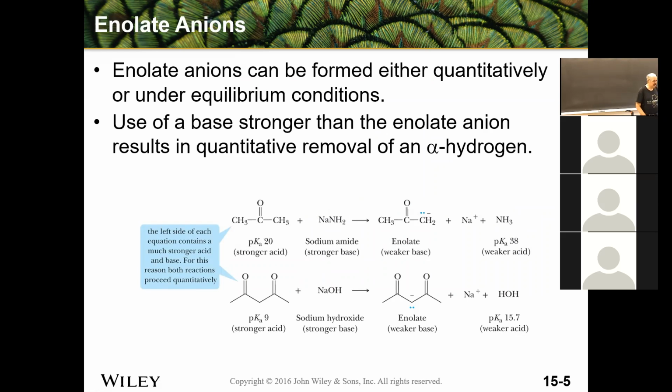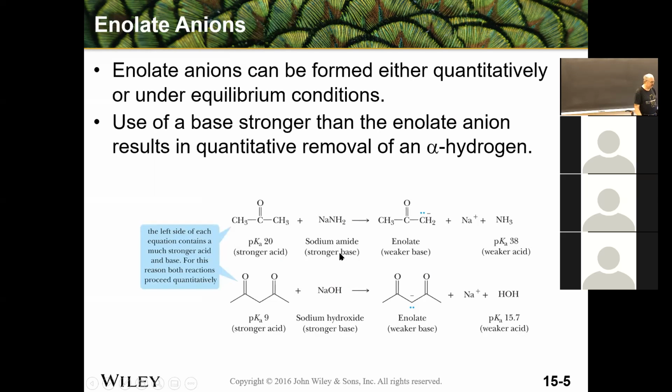Right, enolate anions can be formed either quantitatively or under equilibrium conditions. Okay, if we use a base that is stronger than the enolate anion, that results in quantitative removal of the alpha hydrogen. In other words, this goes all the way to product.